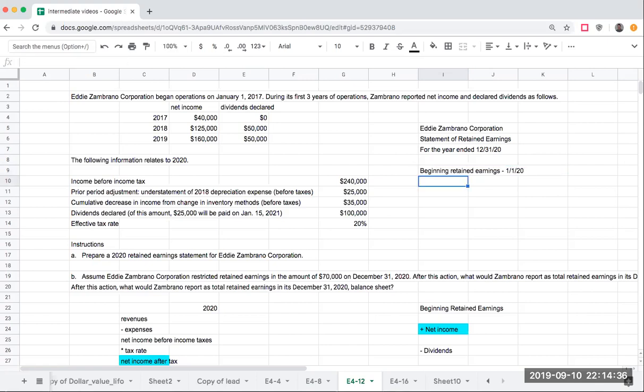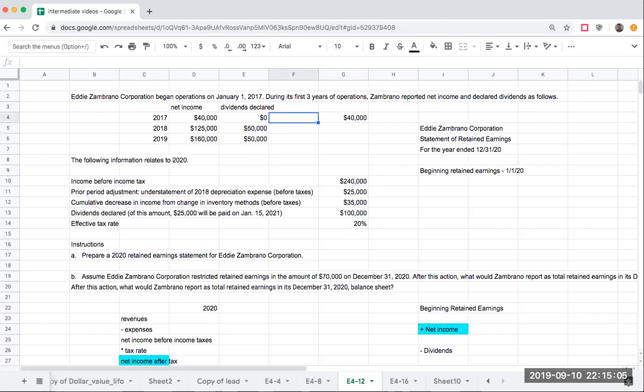Now, this is showing us net income and dividends declared. I'm assuming this is net income after tax, because it says income before tax. If I started business on January 1st, my beginning retained earnings was 0 plus my net income minus my dividends.